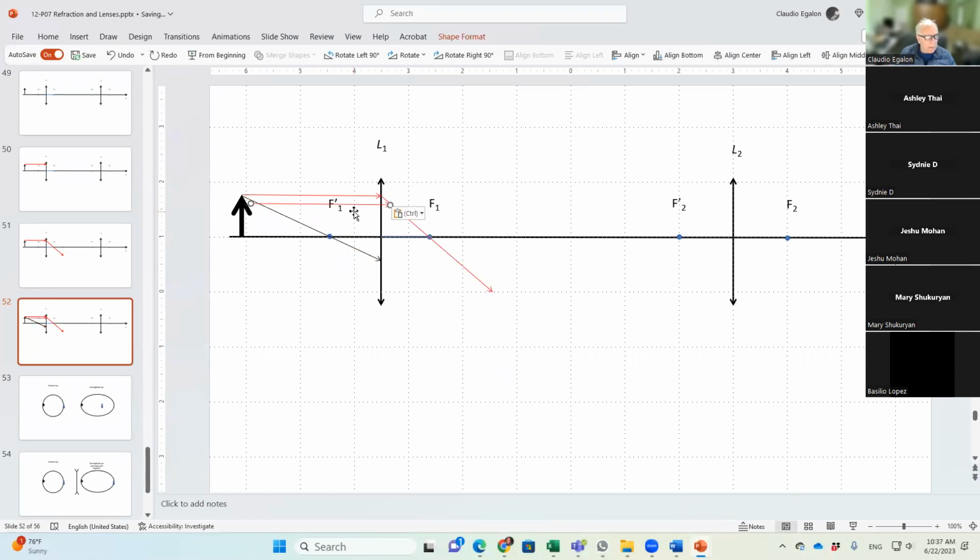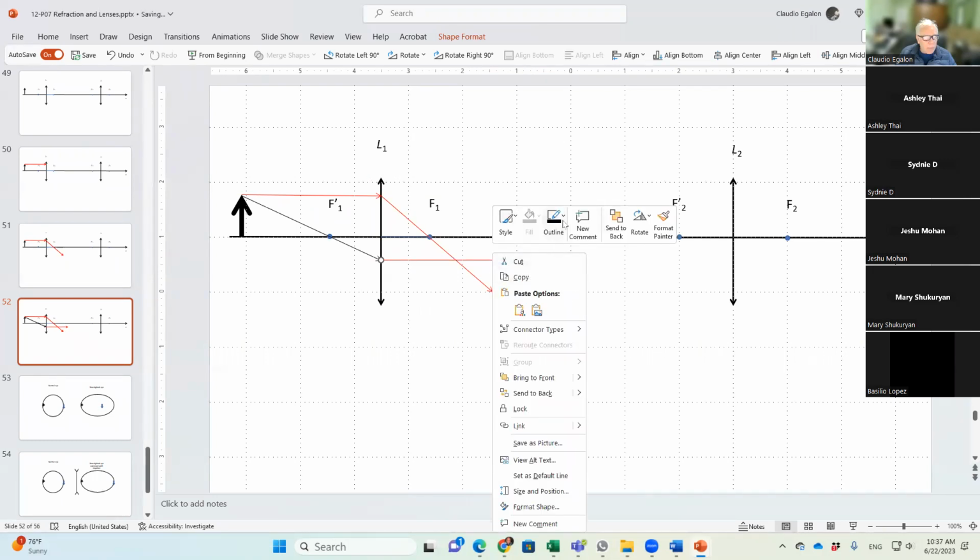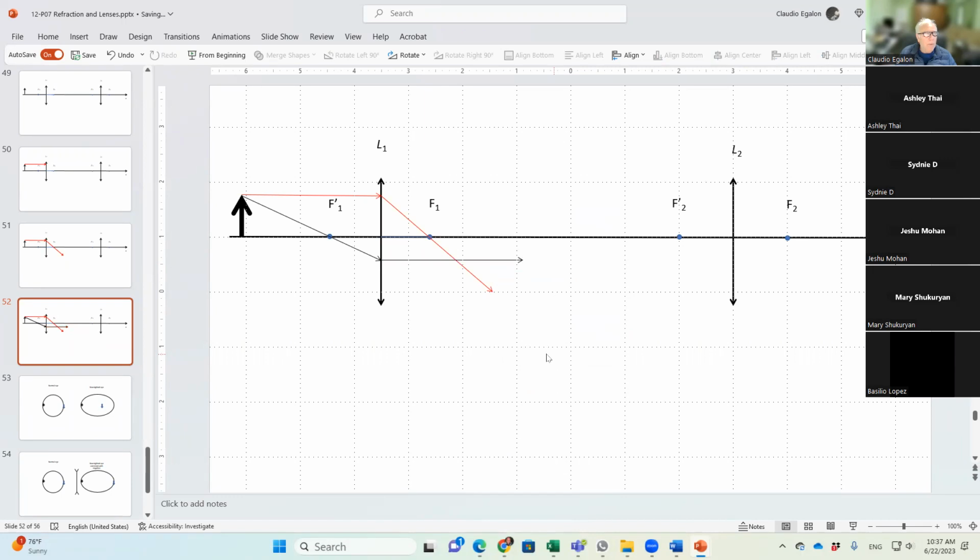And then, okay, we form an upside down image right in here. And that's what the book calls image 1.